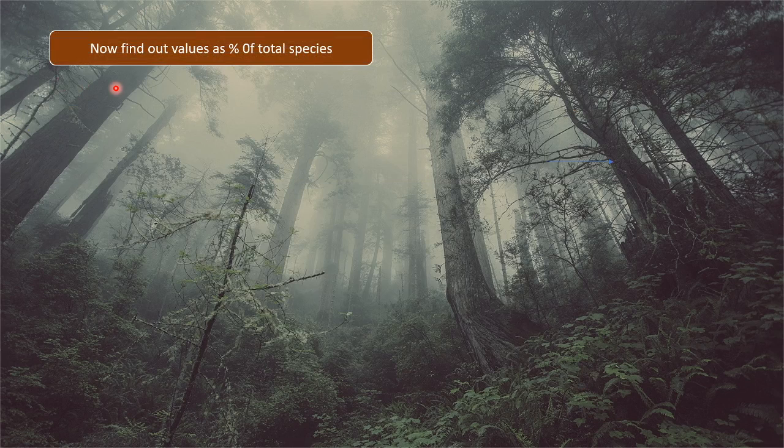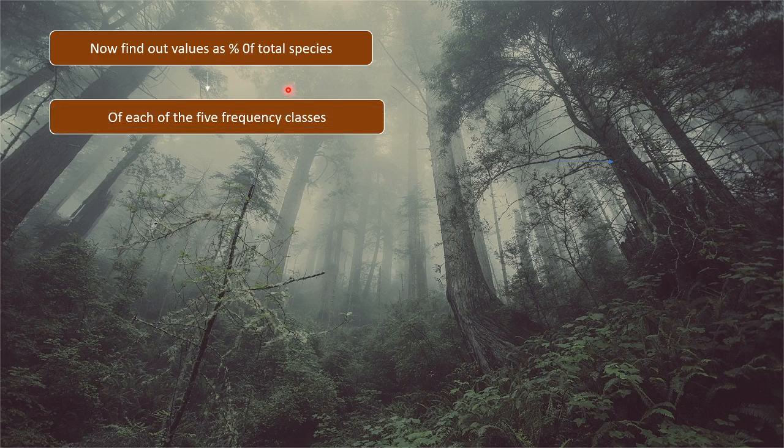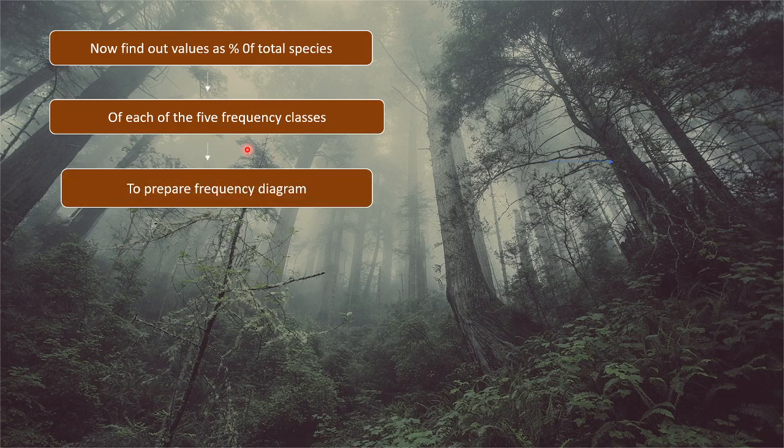So as I told, Raunkiaer has given 5 frequency classes. Now whatever species we have recorded in a community, we have to find out its value in percentage, right? So we need to get the percentage of total species for each of the 5 frequency classes, and this will give us a frequency diagram that we can prepare.